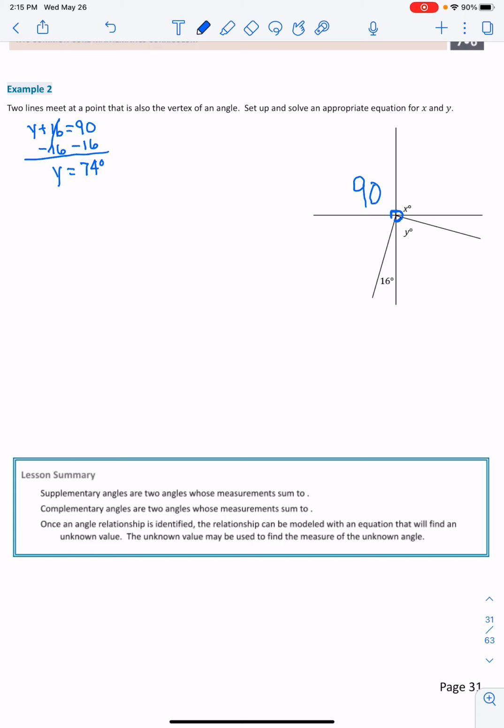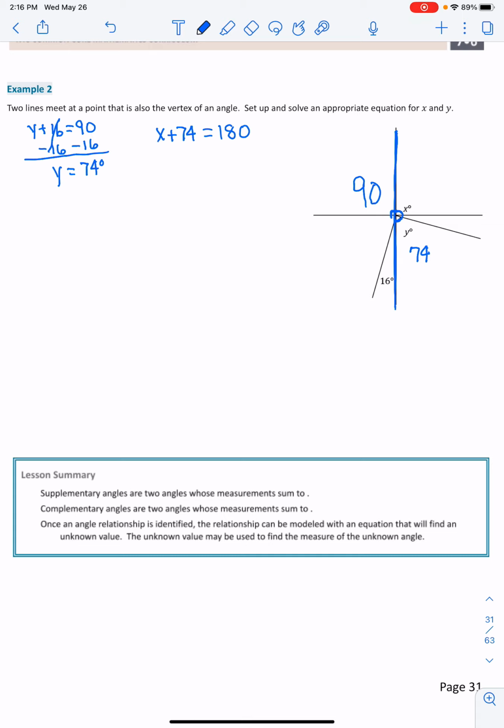Well, that being said, now I know that if y is 74, x plus 74 creates angles on a line right here and will equal 180 degrees.